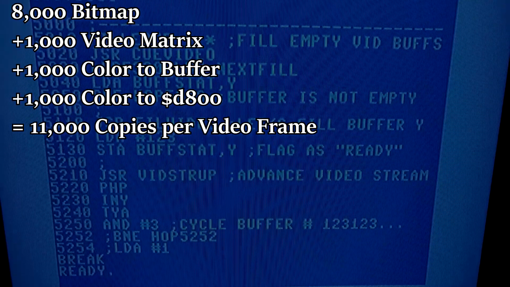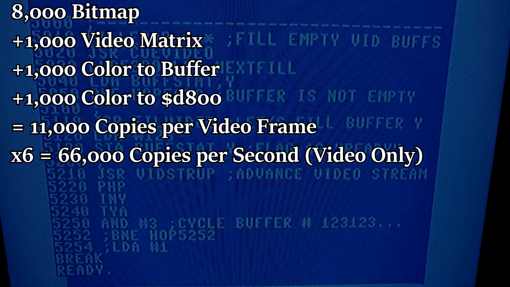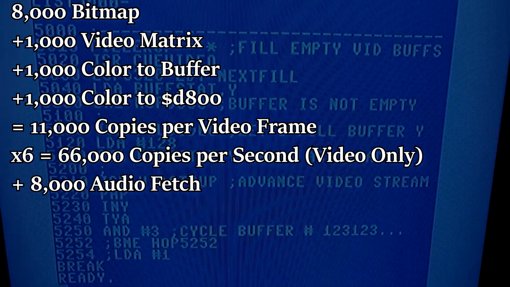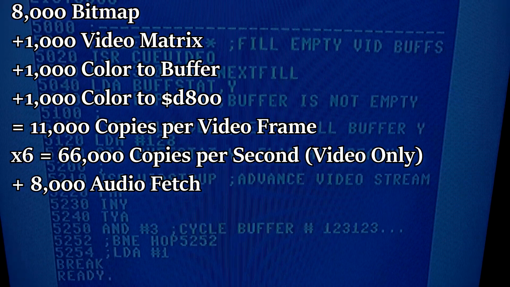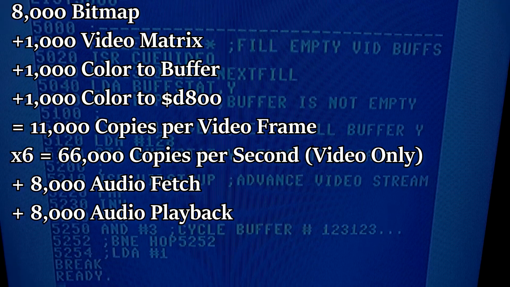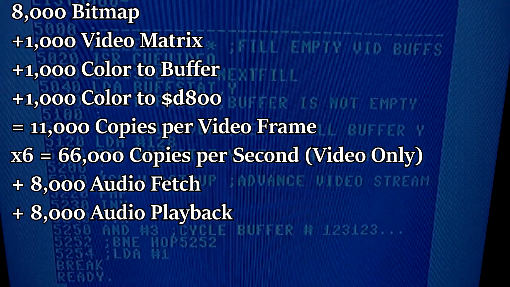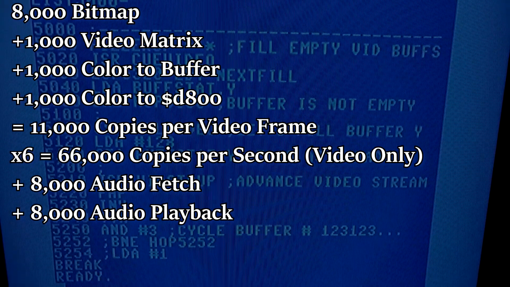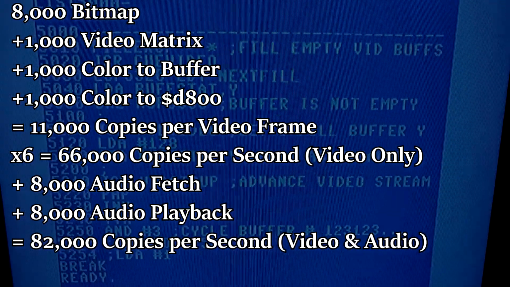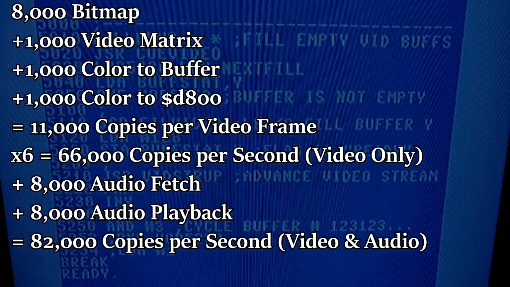And if you wanted to get, say, 6 frames per second out of that, that's 66,000 right there, plus another, say, 8,000 copies to bring in the audio for that second, and 8,000 copies later to play out that audio. So that's another 16,000. That puts you up to about 82,000 copies, not to mention the overhead for the NMI player itself.